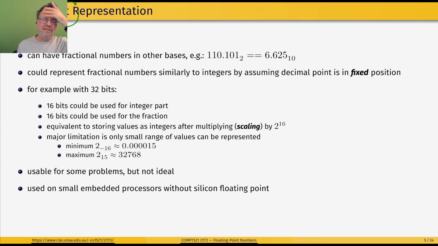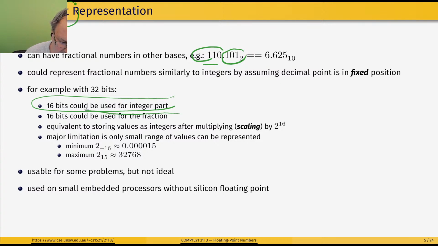So what we could do is assume, when we represent numbers, we've got 2 parts: the part in front of the decimal point and the part behind the decimal point. Say, for example, if we were doing this with 32 bits, we could say 16 bits are for the part in front of the binary point, 16 bits are for the fraction.